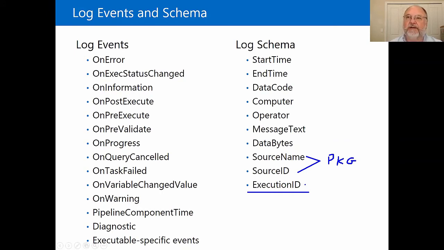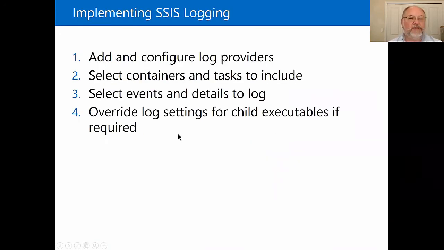So it may be that it ran once yesterday and now today it fails. You can look at the execution ID, sort everything by execution ID, and get all the failed ones together. So all we're going to do is go in and implement logging and set it up for each executable, so each task, and for the package itself and for any containers, how you want to handle logging.